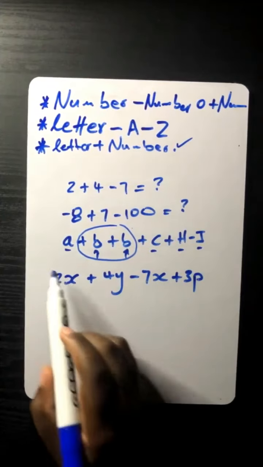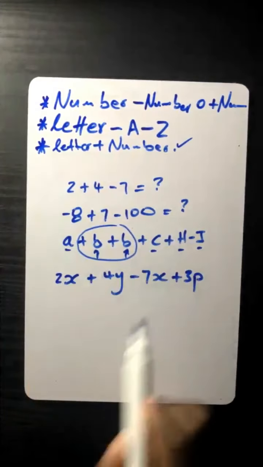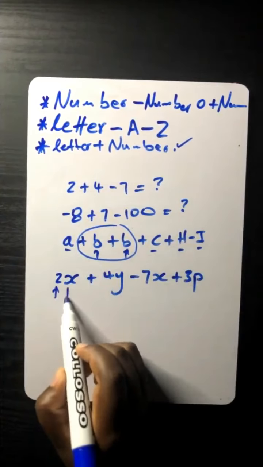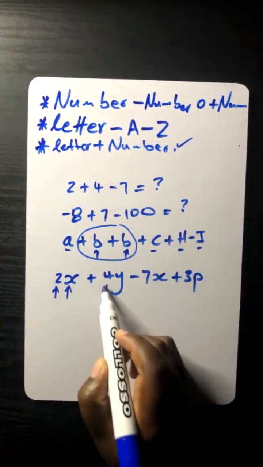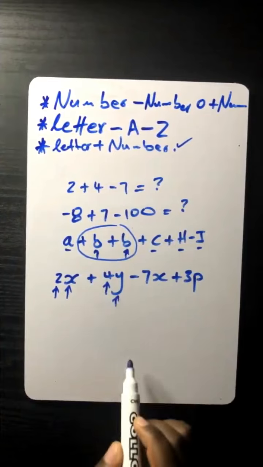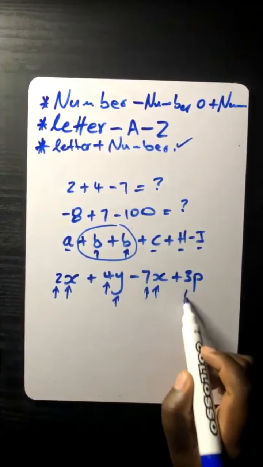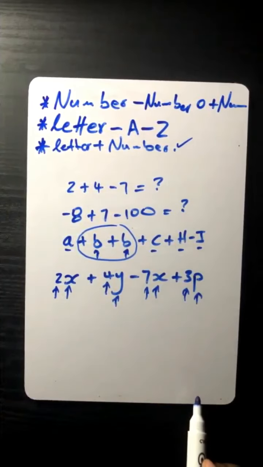Can you see? This is an expression where you've got the combination of a number and a letter.